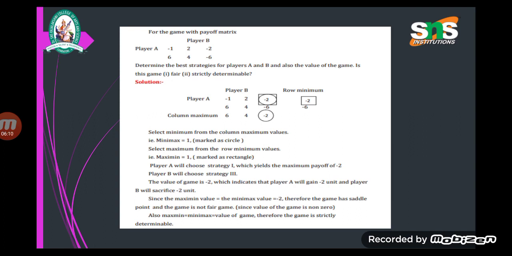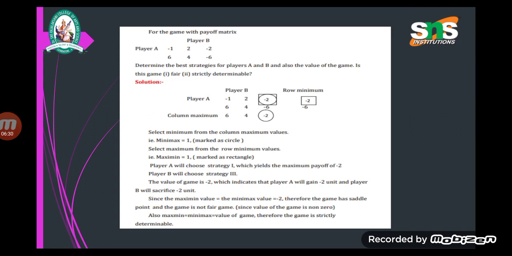Player A will choose strategy 1 and player B will choose strategy 2. The value of the game is -2, which indicates player A will gain -2 units and player B will sacrifice -2. That is the loss and the gain.